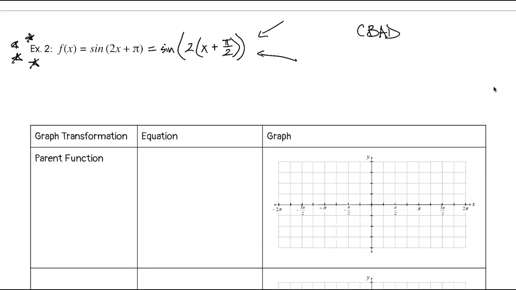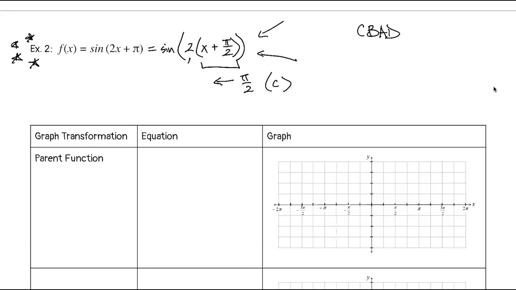Now when we go back to our order in which things occur, in this case, we have a C value, a shift to the left pi over 2, and that's our horizontal shift.